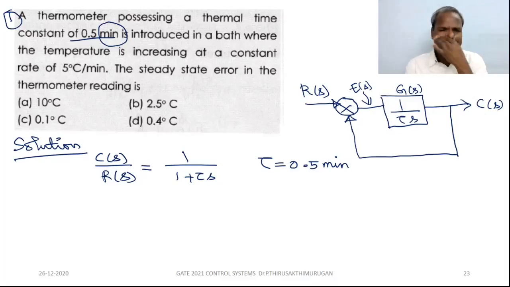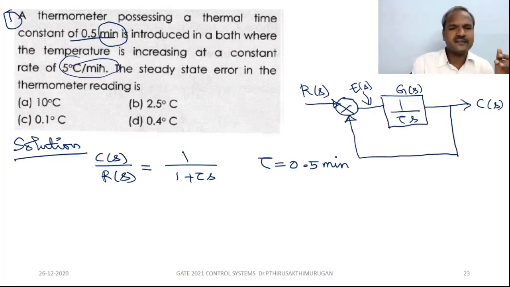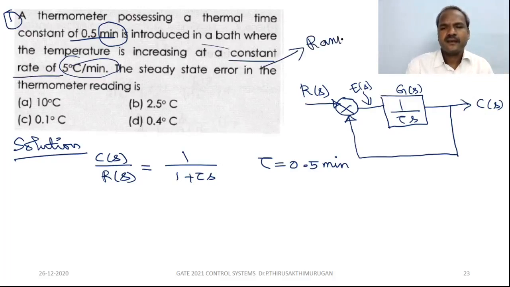If it is in seconds, you convert so that you maintain both the rate as well as the time constant in the same unit. Clear? So the input type is a ramp. You see the temperature is increasing at a rate. Increasing at a rate means the input is a ramp.